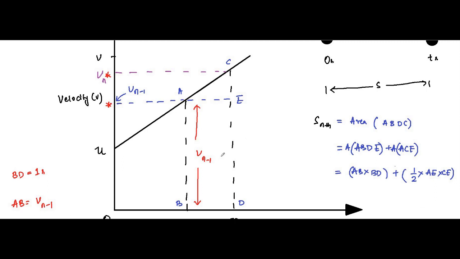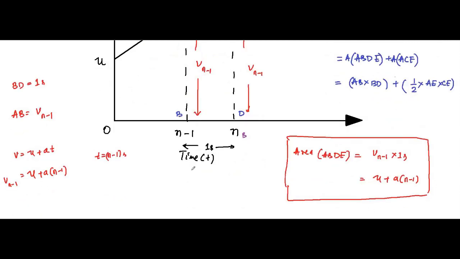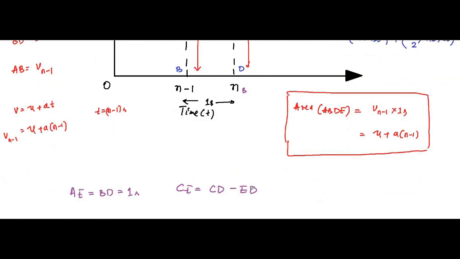ED is the same as Vn minus 1, equal to AB. So CE is equal to CD minus ED, which is Vn minus Vn minus 1.